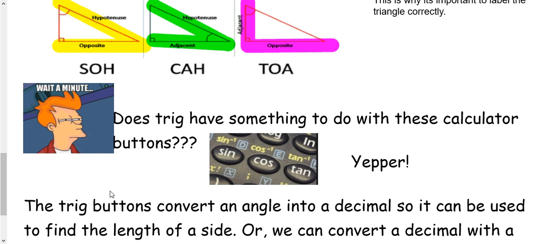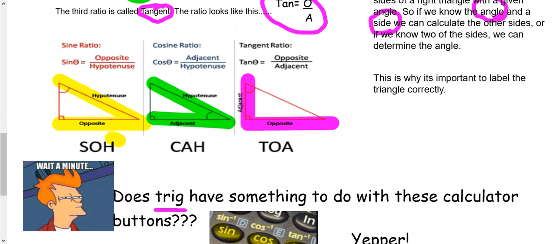Wait a minute. Does trig have something to do with these calculator buttons? Yepper. So on your scientific calculator, you'll have buttons sine, cosine, and tangent. And I just want to highlight the buttons here, sine, cosine, and tangent. They basically correspond to what it is that we're talking about on the triangle.